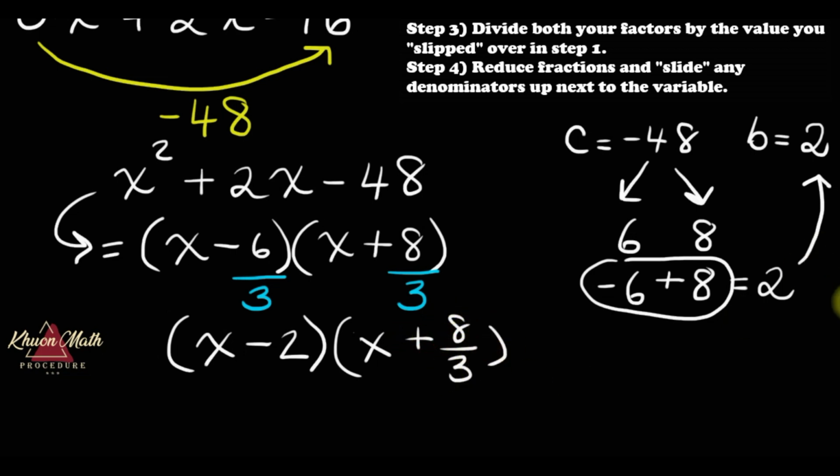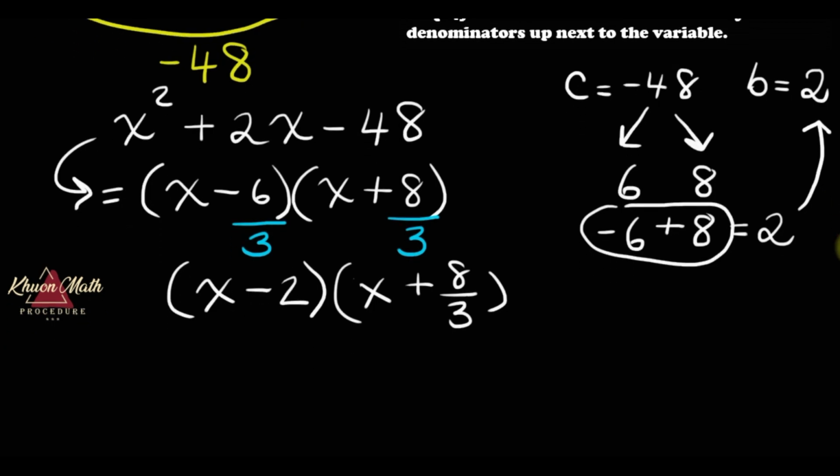And then after you reduce, you are going to take the denominator and move it with the variable. So here your denominator is 1, so we move that next to the variable, we get 1x, so that doesn't change anything because x itself is 1x.